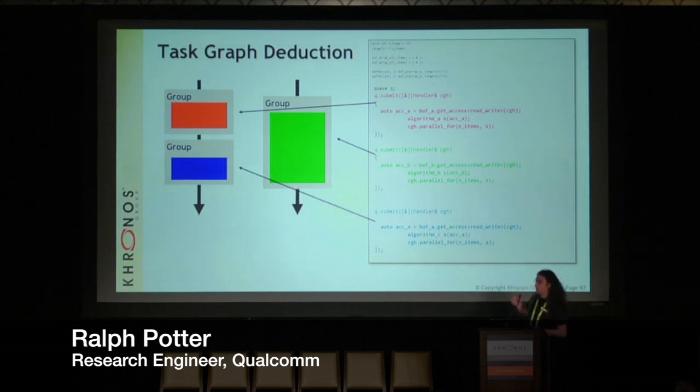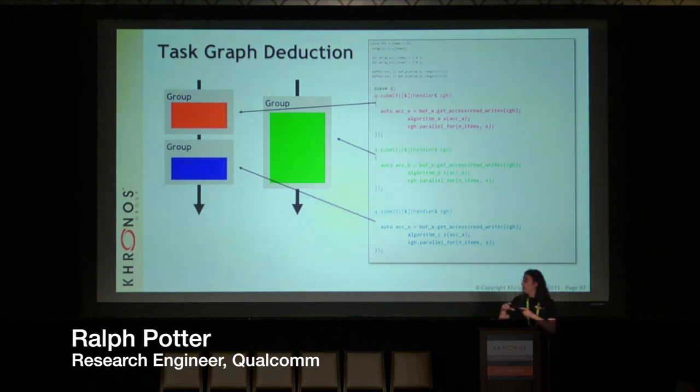So here we have 3 kernels or 3 submits to a queue marked in red, green, and blue. The red and the blue ones both create accesses from the same buffer. Now that implies that there is a possibility that the first kernel, the red kernel, might write to that buffer. And so the blue kernel has to come second because it may be expecting to see those writes happen.